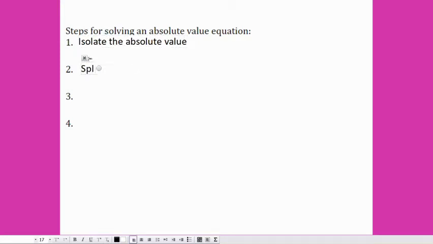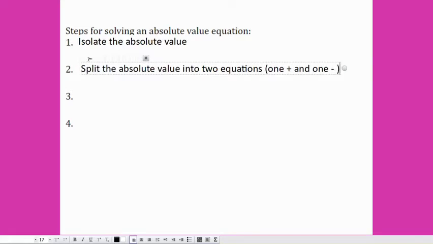Then we're going to split the absolute value into two equations, one positive and one negative. And we're going to solve each equation and check our solutions.